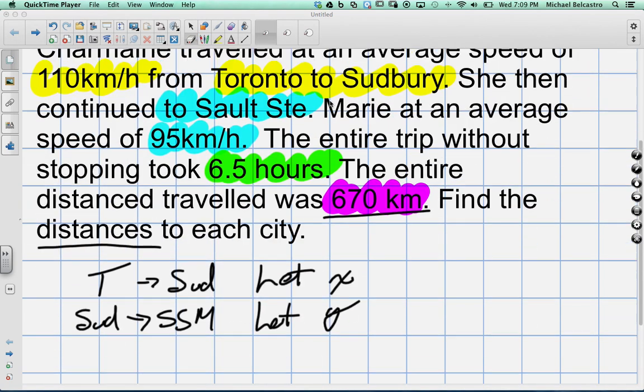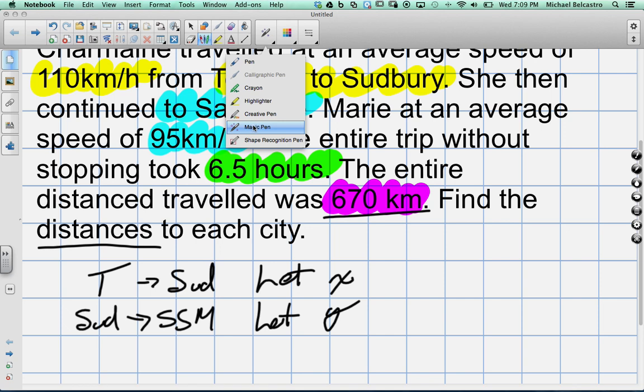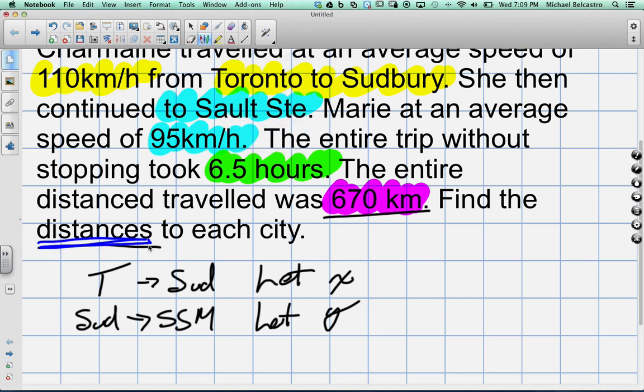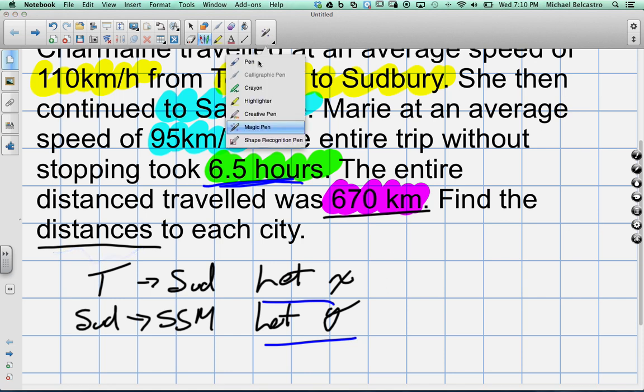In this question, they want us to find the distances, and we have our let X and our let Y. Really the goal would be to find the distances. But the way this question is set up, because we know we're traveling 6.5 hours, when I say let X and let Y, I'm going to actually do it in terms of time.